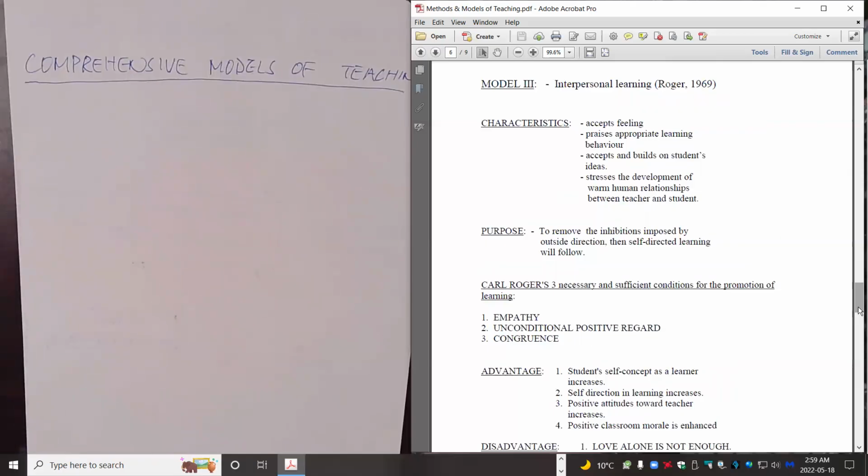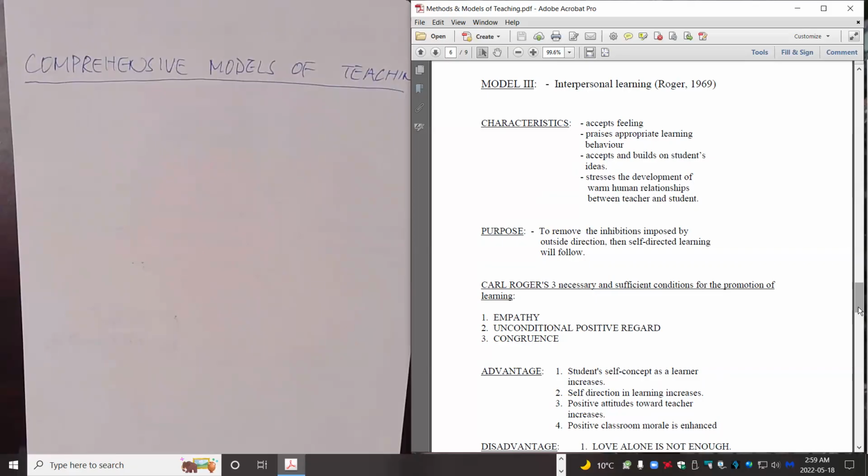So look at the characteristics here, they're all Flanders' indirect influence: accept feeling, praises appropriate learning behavior, accepts and builds on students' ideas, stresses the development of warm human relationships between teacher and students.